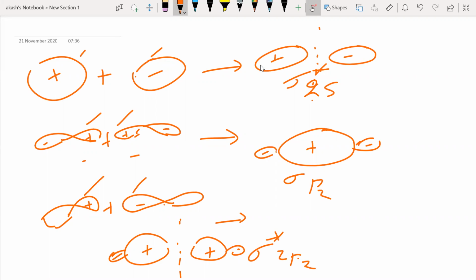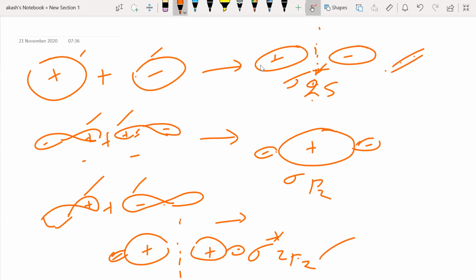Now, if you look at what is exactly happening, if you go for your anti-bonding orbital, this is an anti-bonding orbital. What do you see in common? You are seeing this particular place in the center of these two where I have no electron density.